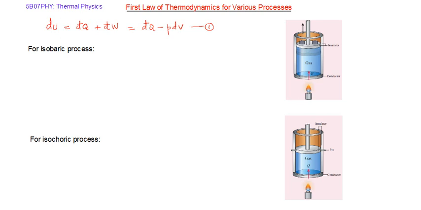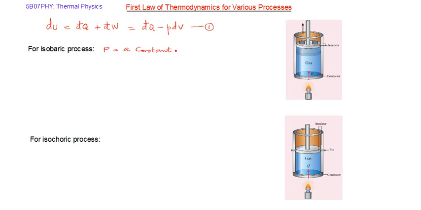Now, for an isobaric process, pressure is a constant. Pressure P is equal to a constant.